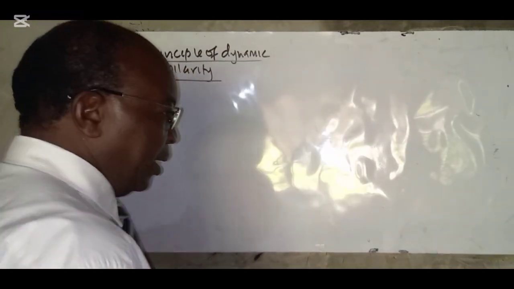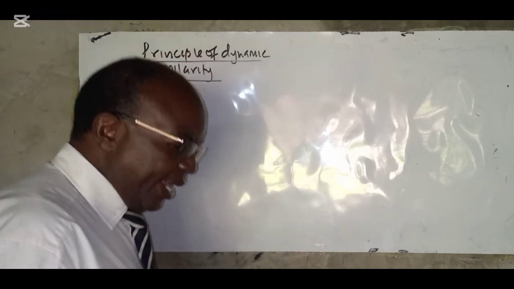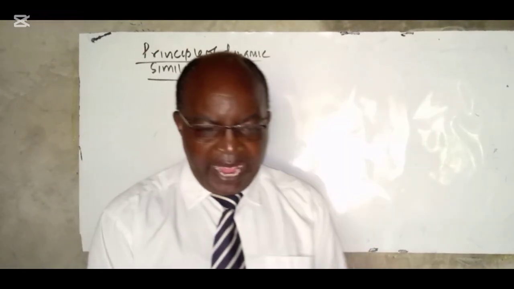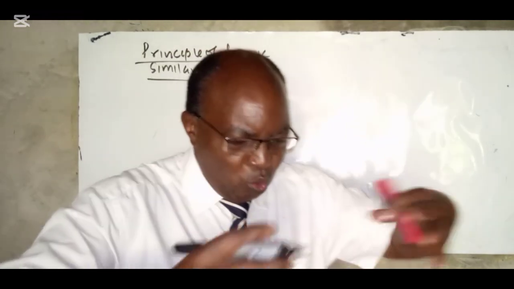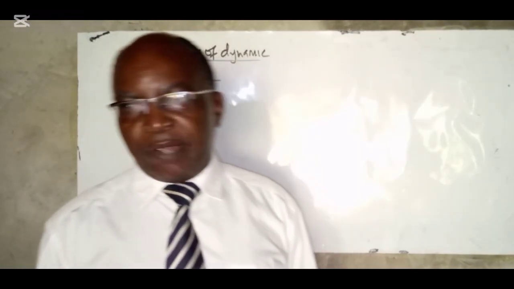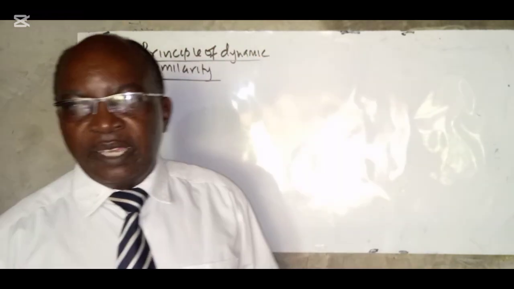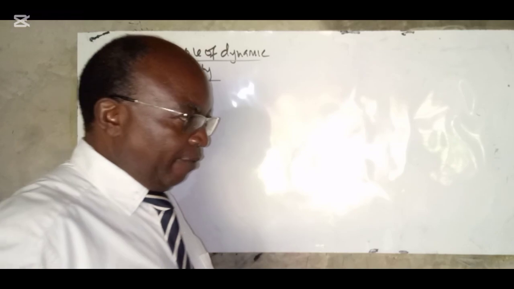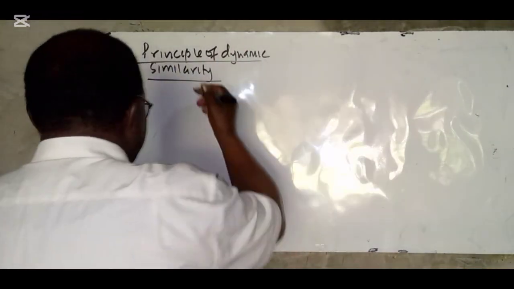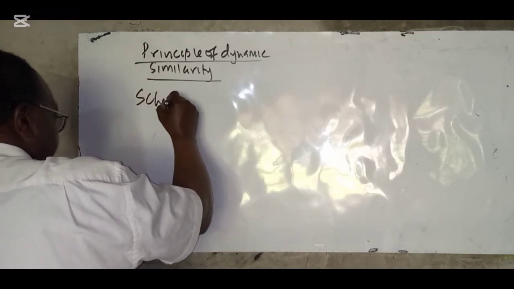Now, let us look at as an example where we have a solid body, and there's fluid flowing around it. And so we have a hypothetical boundary enclosing this solid body and the fluid flowing around that particular body. Let's look at it schematically. A schematic diagram.